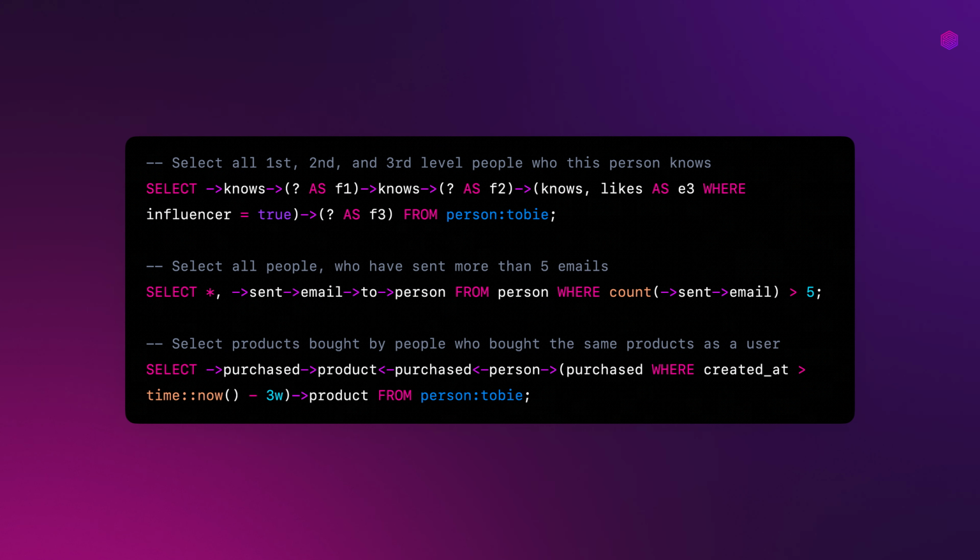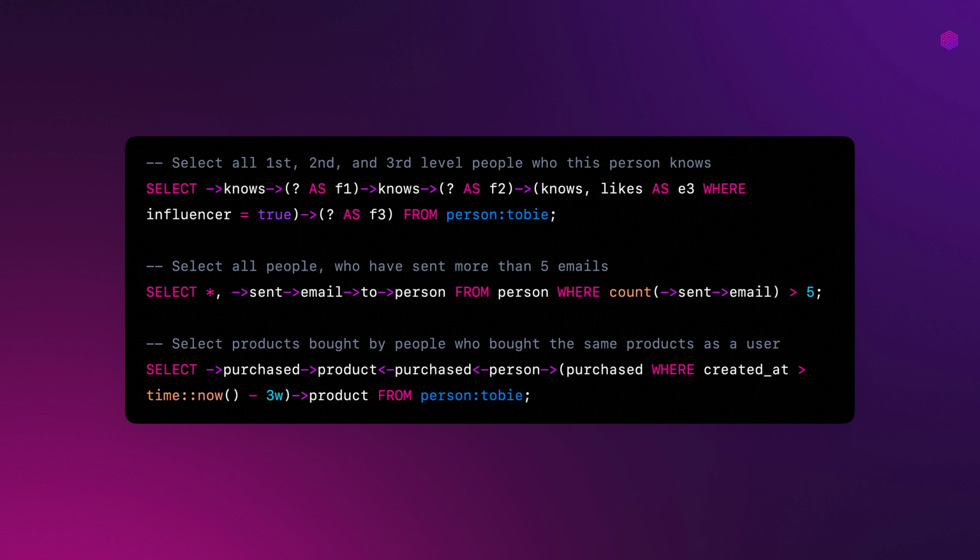And the third query is an example of a product recommendation engine. So being able to see in real time which products Tobie has purchased. So Tobie has purchased a product. That product was purchased by another person, and those other people purchased a product in the last 3 weeks.